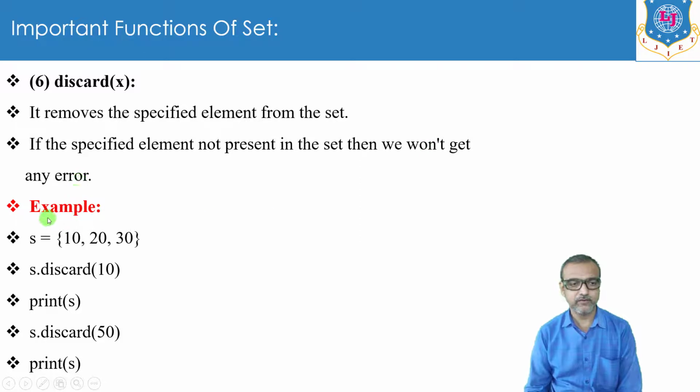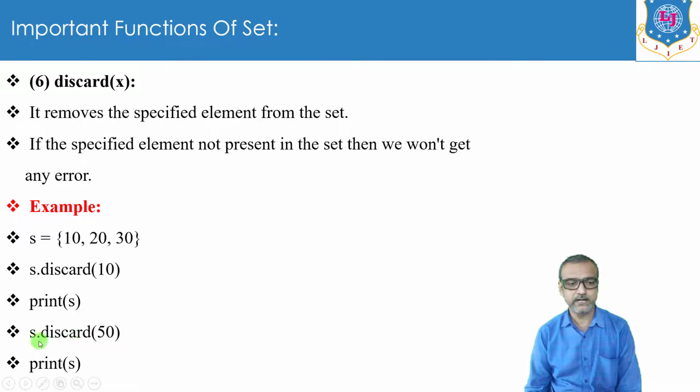For example, we have set S, and in set S we have these 3 elements, that is 10, 20 and 30. S dot discard of 10 will remove the element 10 from the set S, and print of S will give us the remaining entries in set S, that is 20, 30.